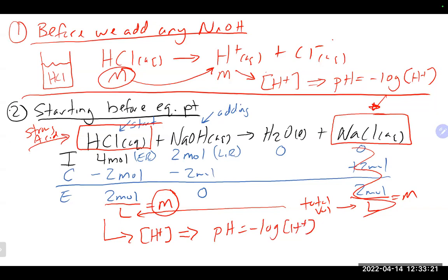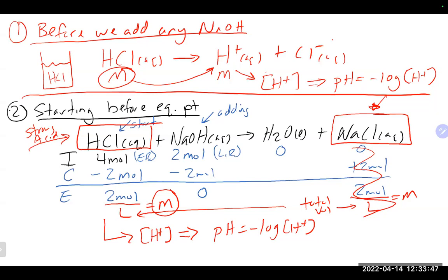So at the start of this type of titration, all the way until you get to the equivalence point, you need to do 1 ice table. The ice table needs to be done in moles. The purpose of the ice table is to figure out how much of that strong acid you got left after it's reacted with the sodium hydroxide. All the way up through there, your strong acid should be the excess reagent.